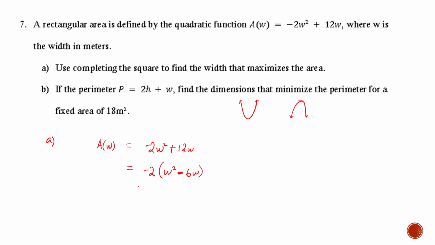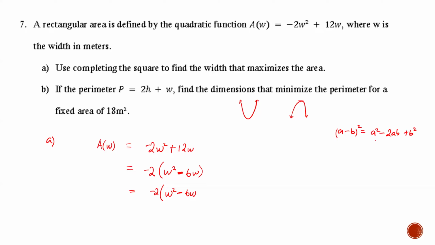Okay, so now how do we complete squares? You complete squares by adding a certain term to whatever is in the bracket. So now I'm looking at w squared minus 6w. Using this expansion again, a minus b squared is equal to a squared minus 2ab plus b squared.